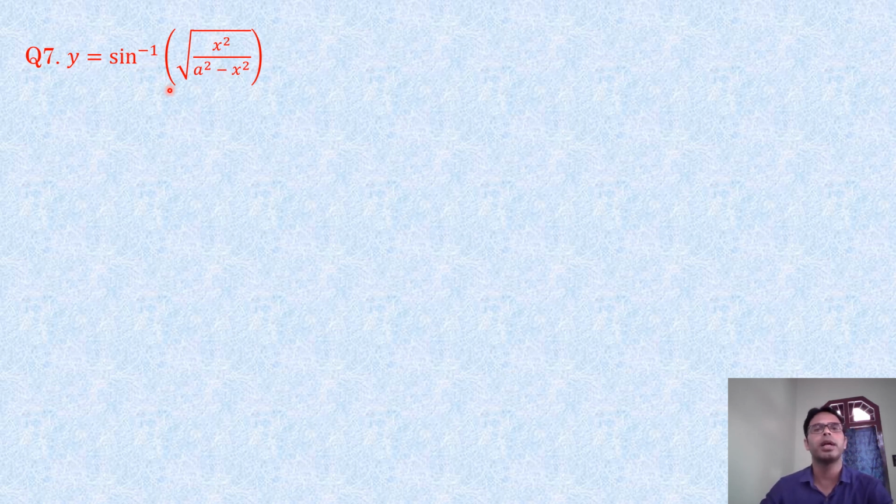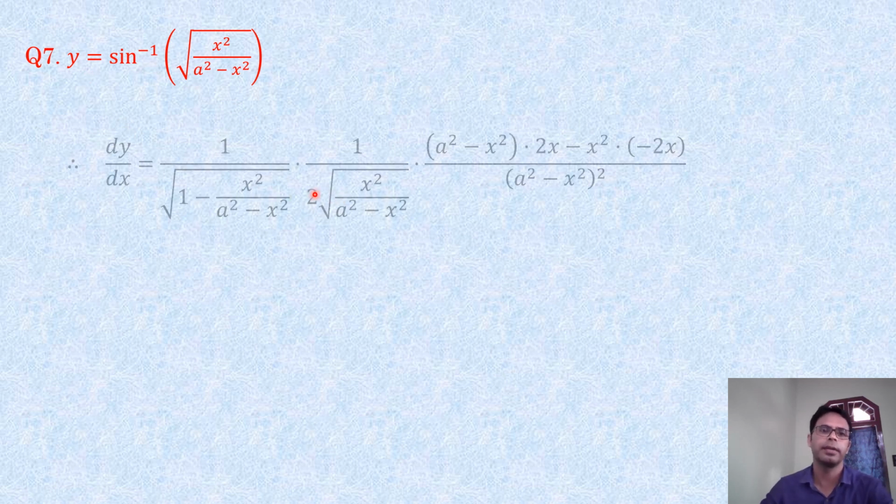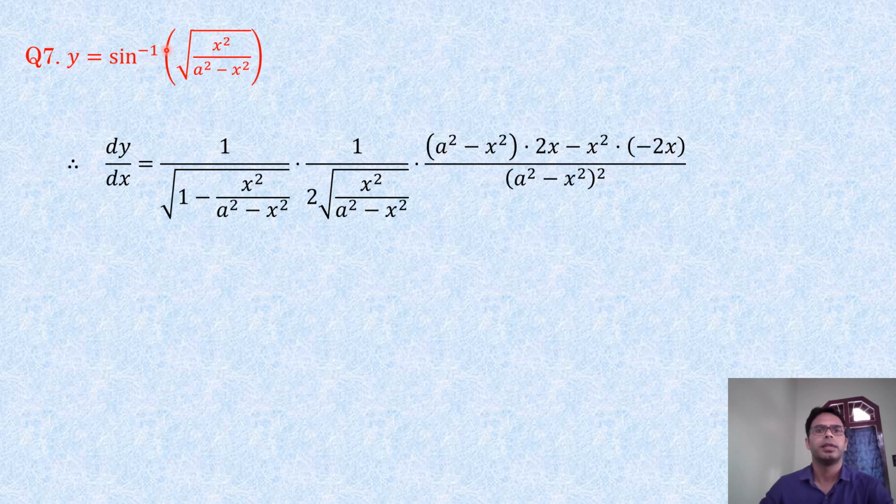That is why we are not taking a substitution here, just direct differentiation. So dy dx is equal to 1 by root over of 1 minus this square, and the root over is cancelled here, actually root over x square by a square minus x square whole square, and that is simply this one.